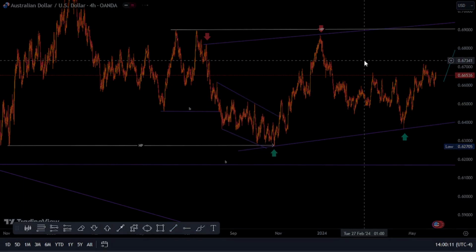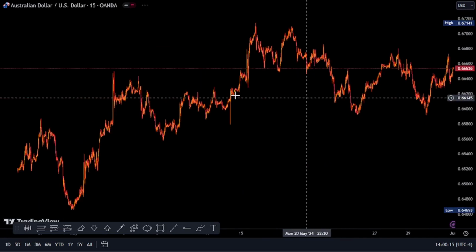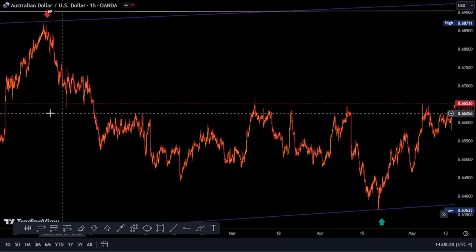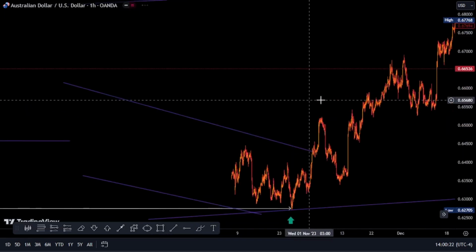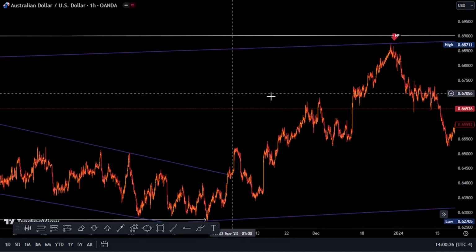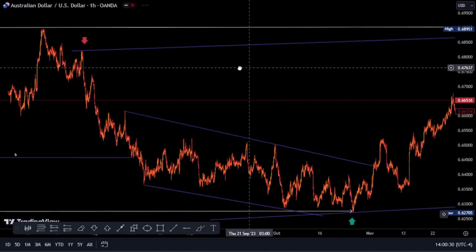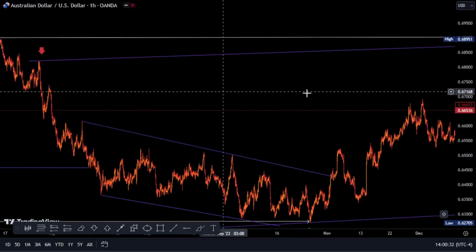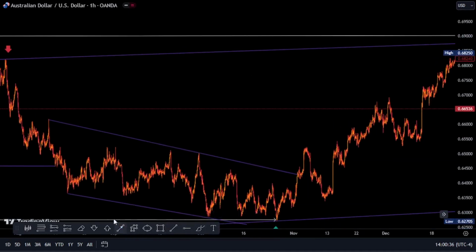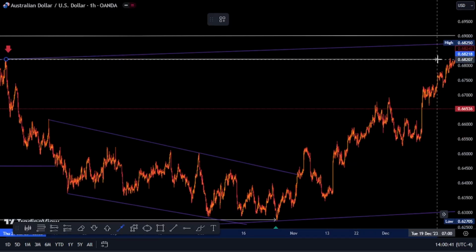And then let's see on 1 hour time frame. On 1 hour time frame, as you can see again, what happened is this is the hook point, right?